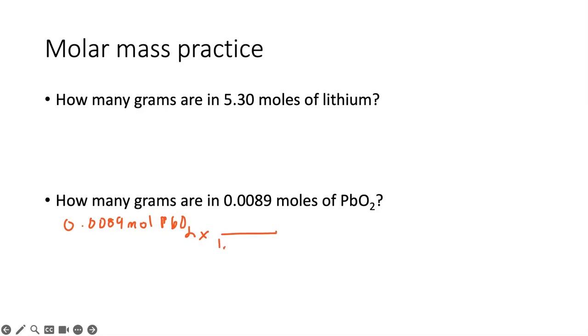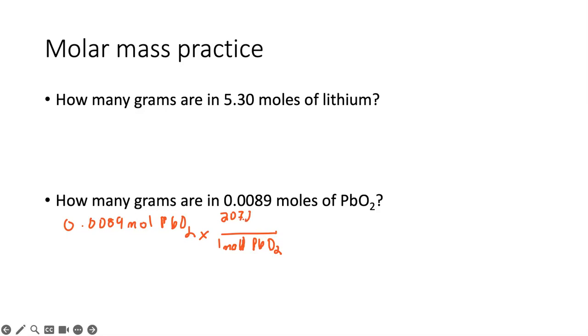So in 1 mole of PbO2, I have to look up the molar mass of lead, and I have to look up the molar mass of oxygen, and I need the mass of 2 oxygen. When I look at my periodic table, I can see that the molar mass of lead is 207.2 grams per mole.